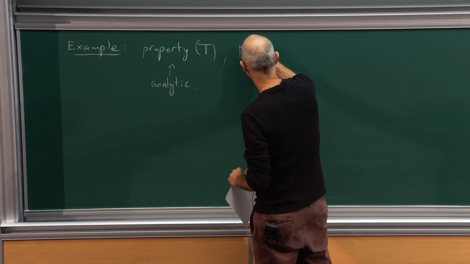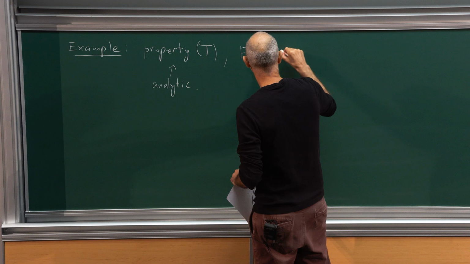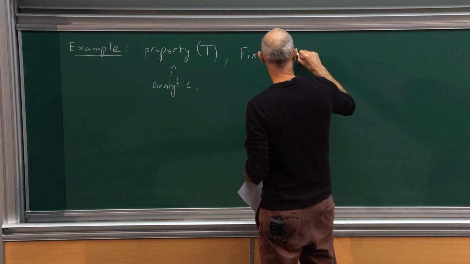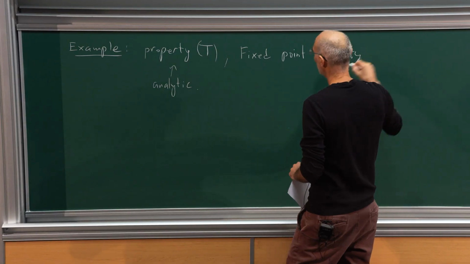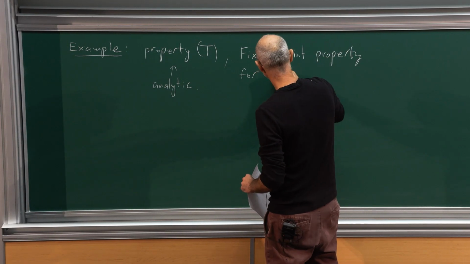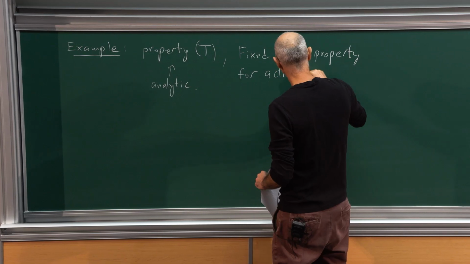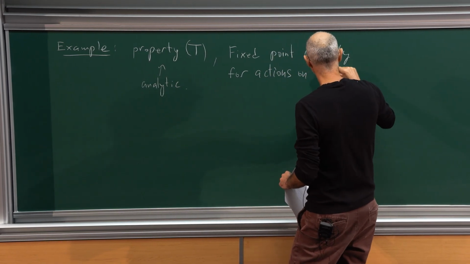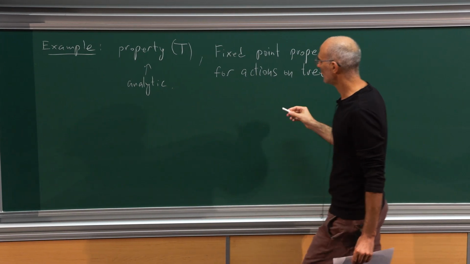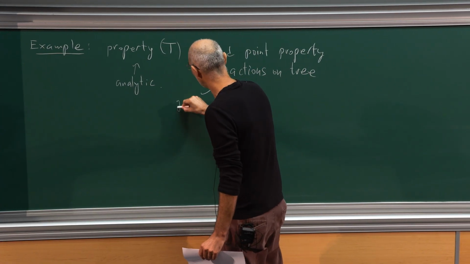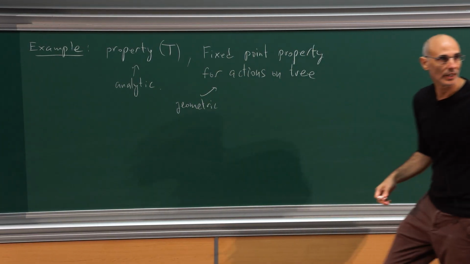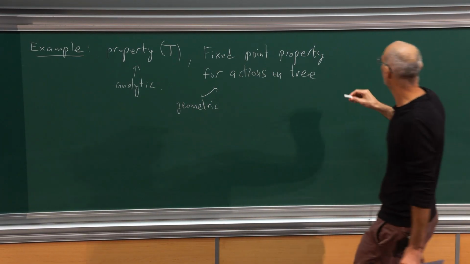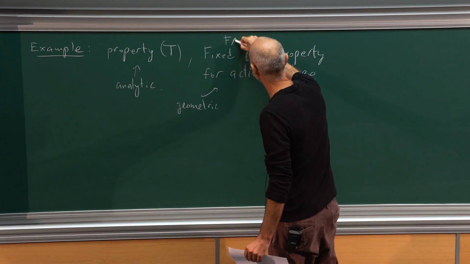It is called the fixed point property, for actions on trees. This is a geometric rigidity property. So this is called FA sometimes.